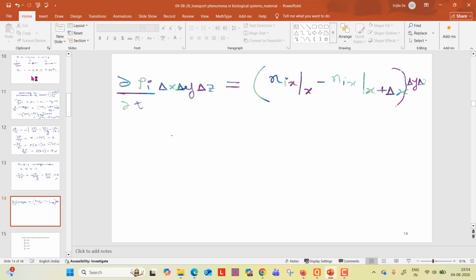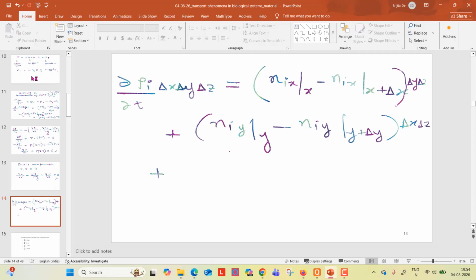Plus similarly in y, mass flux at y minus mass flux at y plus del y, into del x del z. Plus for the z directional mass flux we have to write N i z at z minus N i z at z plus del z into delta x into delta y, right?